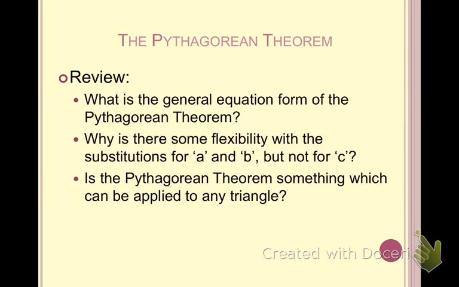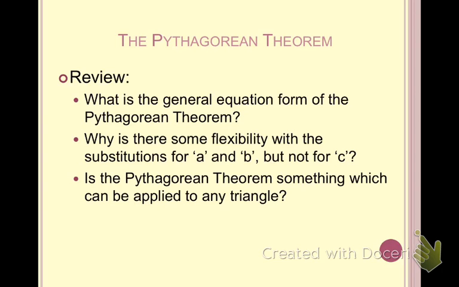Okay. And that's the Pythagorean theorem. So remember, the general form of the Pythagorean theorem is a squared plus b squared equals c squared. And that a and b represent the legs, and c represents the hypotenuse. You must use c for the hypotenuse. There's no negotiation about which side the hypotenuse is.